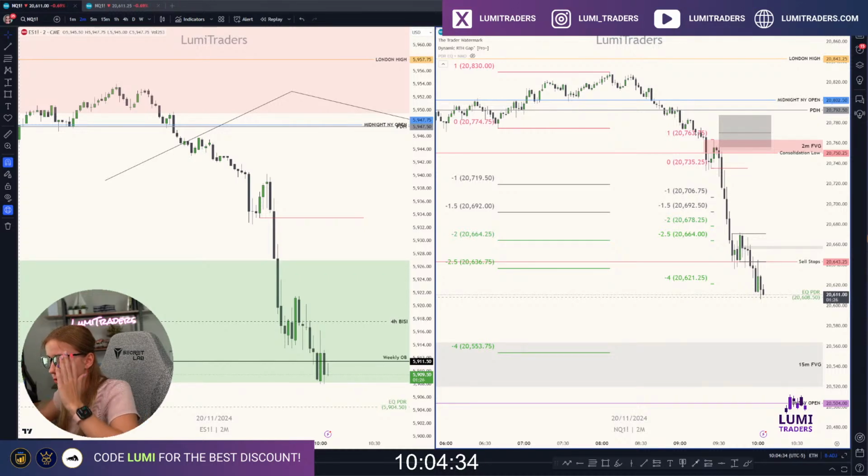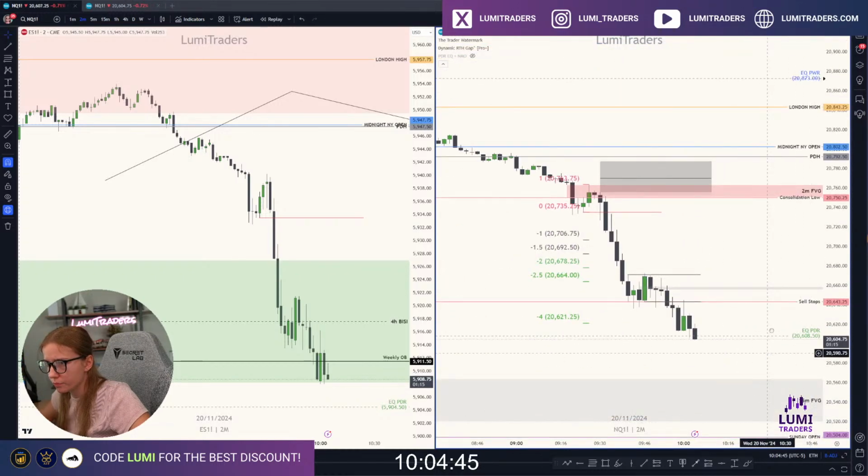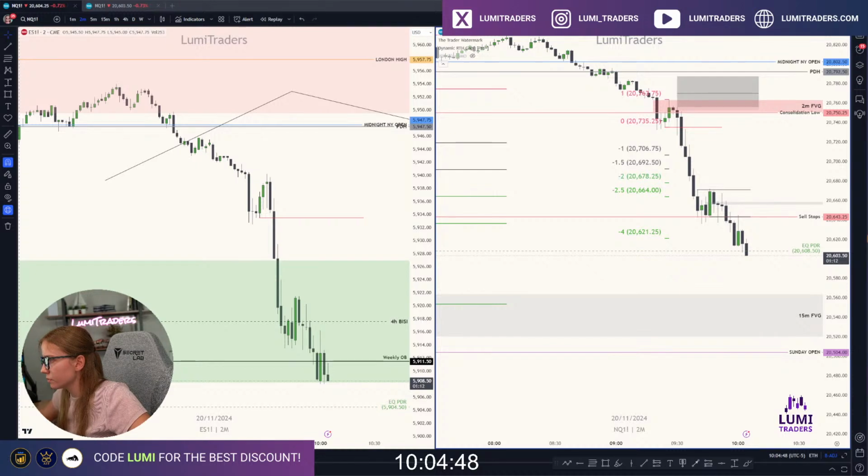I feel like I would like to short. Let's see if this breaker block can hold. I will possibly try to short, I guess, to weekly open.